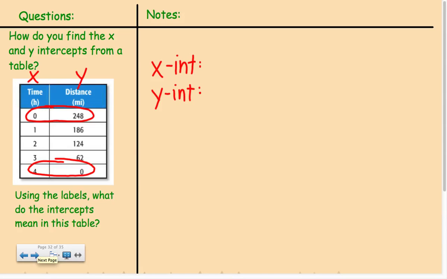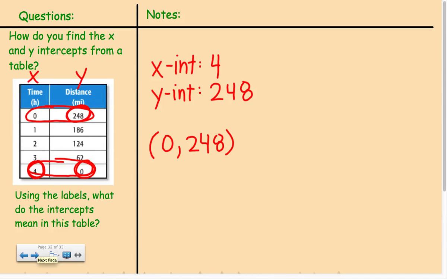If x is 0, y is 248. If y is 0, x is 4. So then again, we're going to explain what those coordinates mean. So if I have the coordinate 0, 248, and I have the coordinate 4, 0.